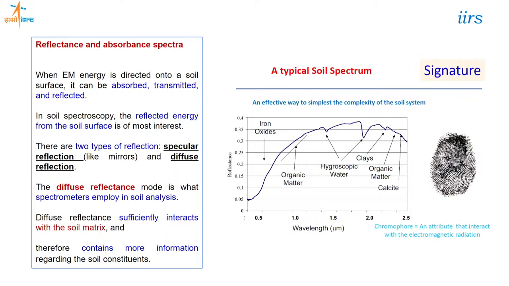Diffuse reflectance is the most important reflectance, which is generated because of sufficient interaction with the soil matrix, meaning the composition of the soils. So we study diffuse reflectance for characterizing or mapping individual soil composition or components. And this diffuse reflectance contains more information regarding the soil constituents.